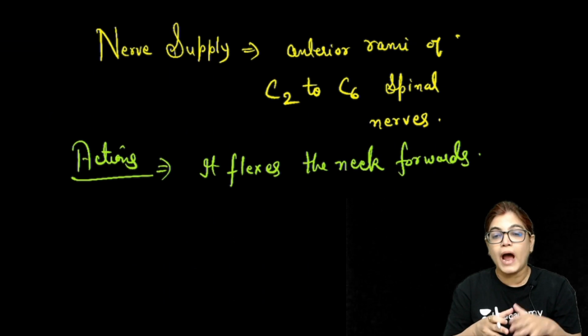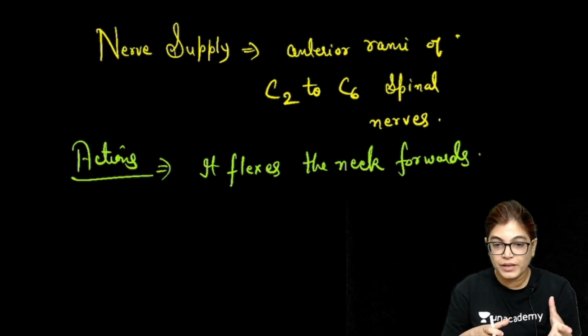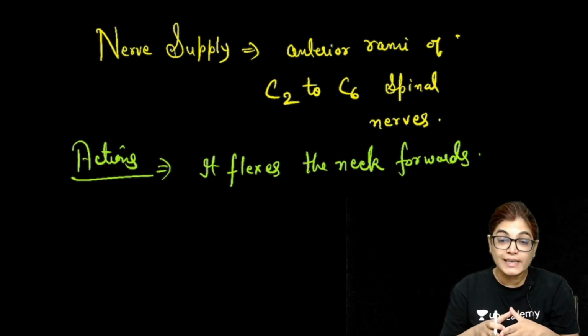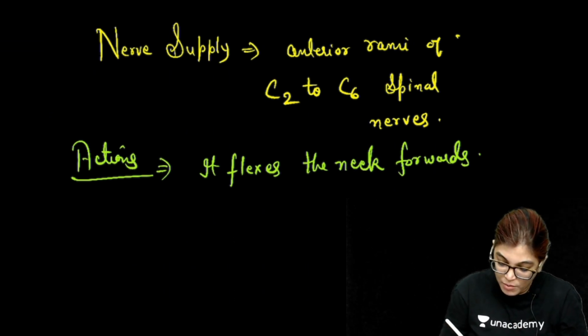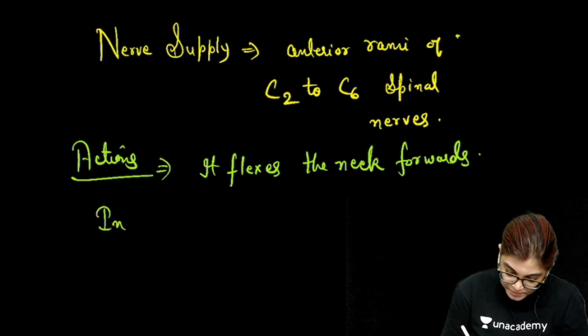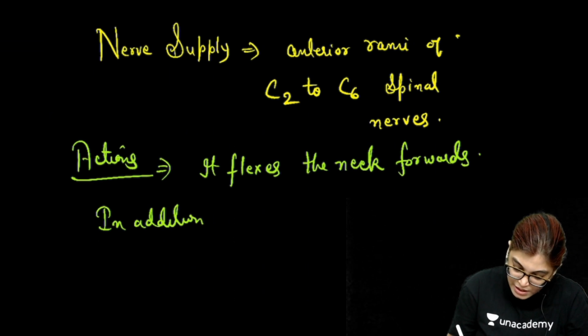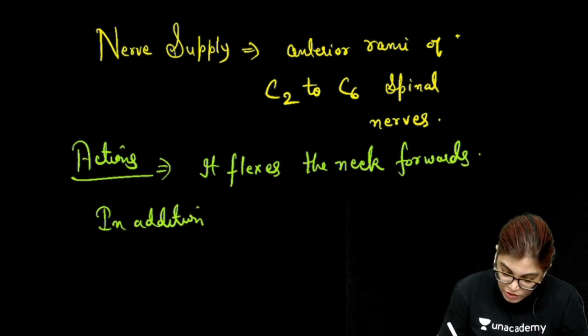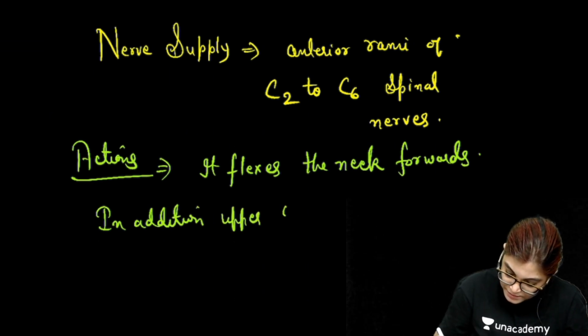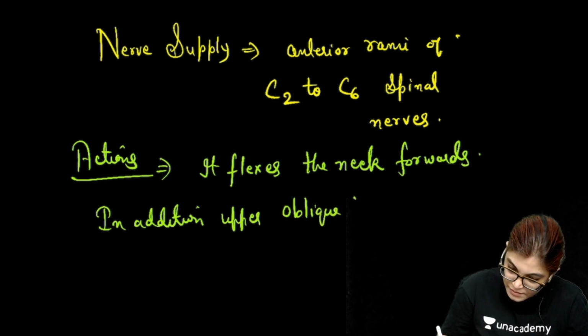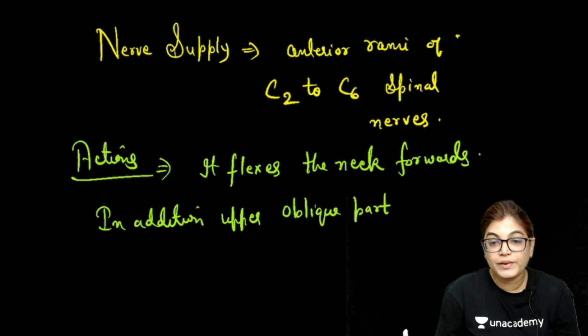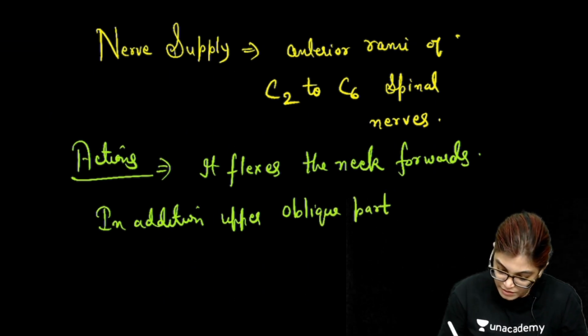But if we want to add more on the superior and inferior parts, as a whole it flexes the neck forward. In addition, the superior or upper oblique part flexes the neck laterally also.